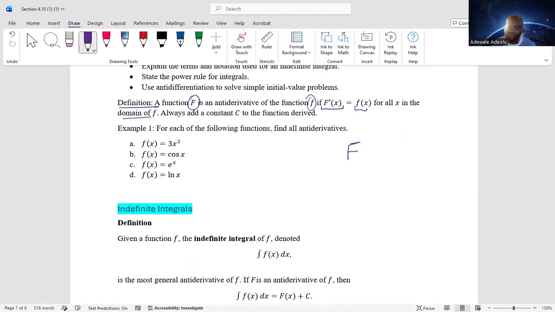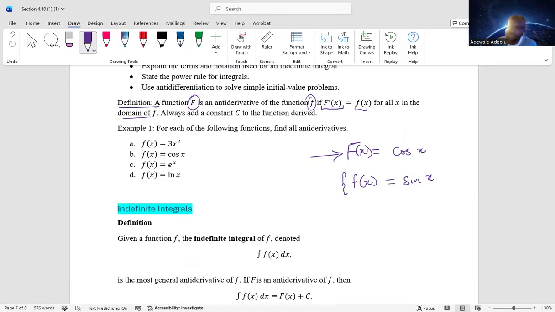Let's say we have some function, capital F of x, and I call it, say, cosine of x. Then if I say small f of x is sine of x, let us check if this capital F of x is the antiderivative of this small f.